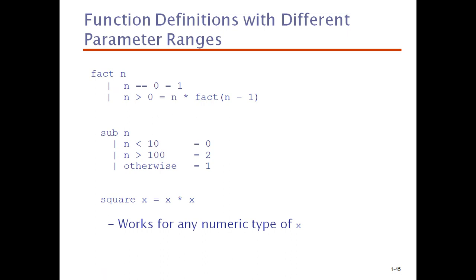Vertical line, n == 0 = 1. That means if n is equal to 0, then return 1, otherwise it will return n * fact (n - 1). This is the way the program is written in Haskell.